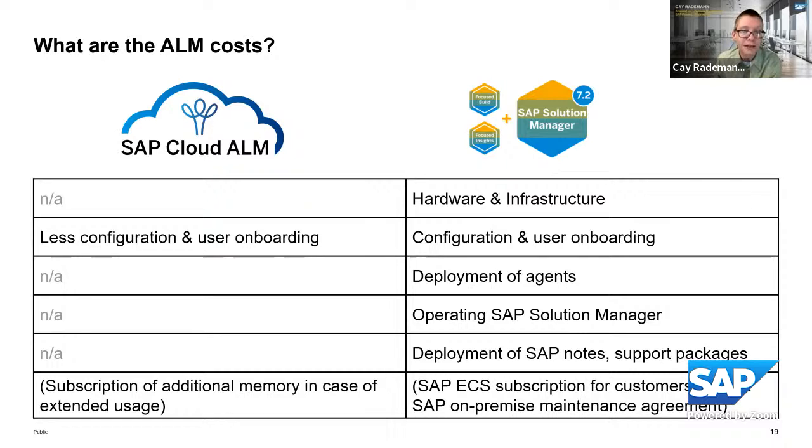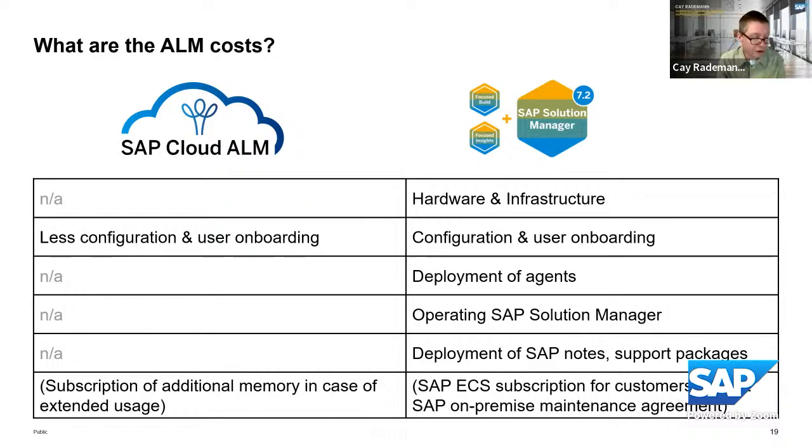And also, if you take a look at the operations part, then with SAP Solution Manager you need to deploy agents for the connected managed systems. This is also not required anymore for SAP Cloud ALM, so a lot of time you can save.